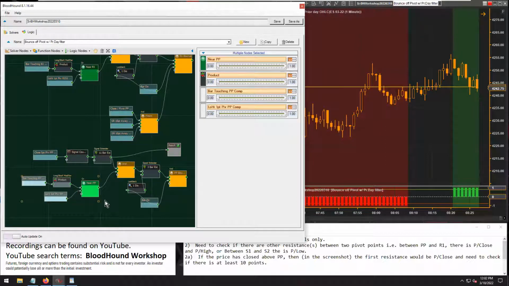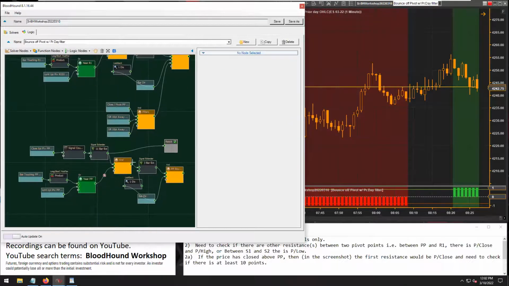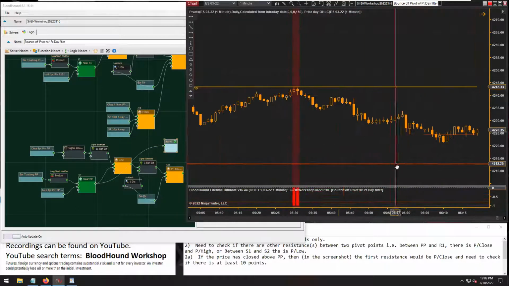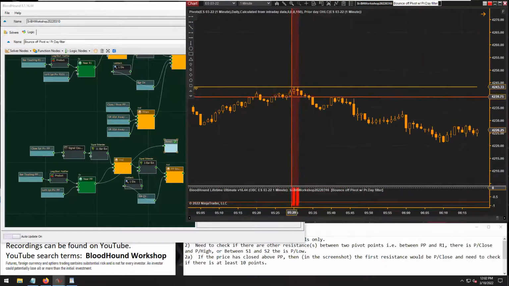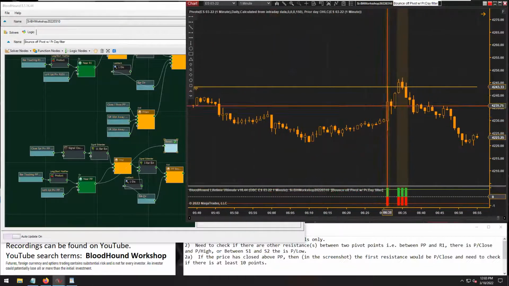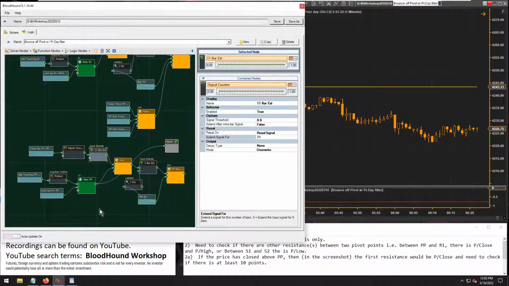So I think, yeah, so what we can do is, let's see here, right? So when price gets close enough to our support line, we can actually use that to turn off the signal extender there.